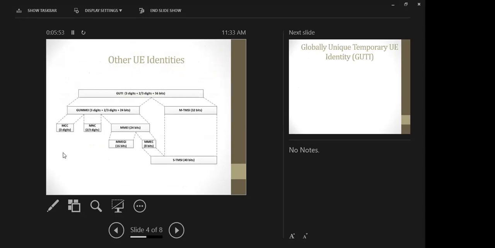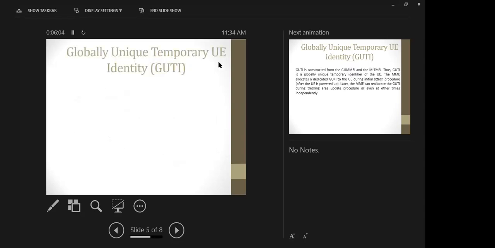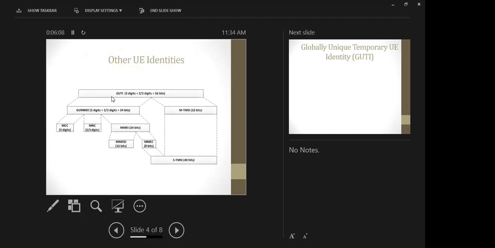This is called GUTI, the globally unique temporary UE identity. The IMSI is always fixed, but the GUTI will change.